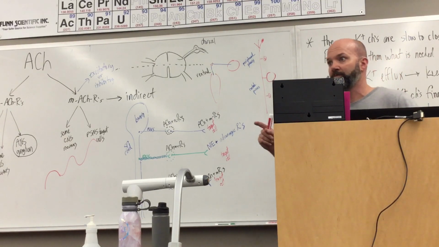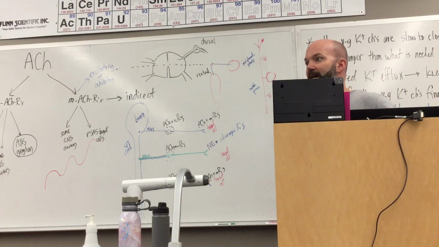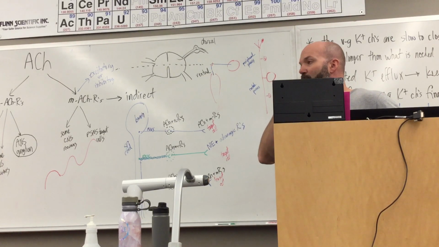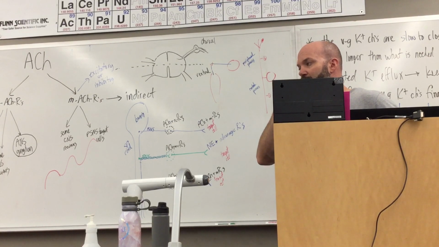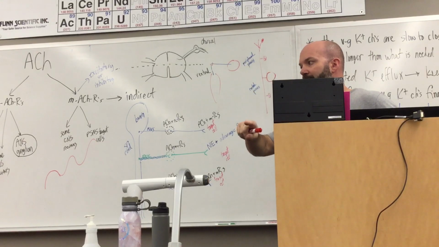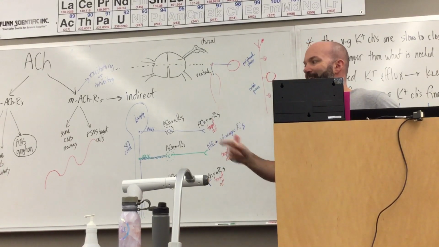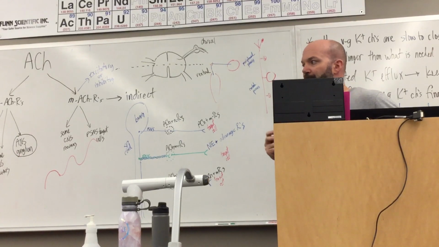One synapse, temporal. Multiple synapses, spatial. One synapse is temporal. Multiple synapses is spatial. So if you're just looking at one synapse over time, temporal. Multiple synapses at the same time, spatial.